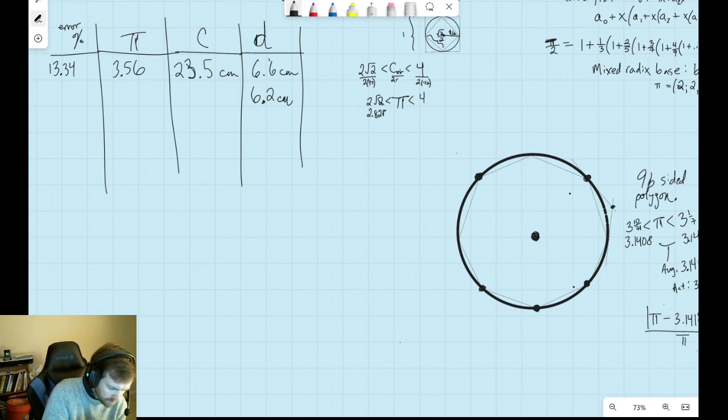This is really close to the scuff mark right here. Is there even a scuff mark? Am I just making things up?